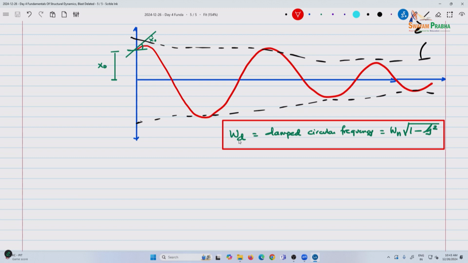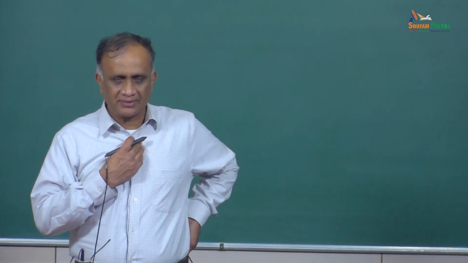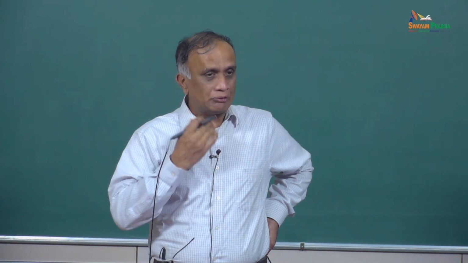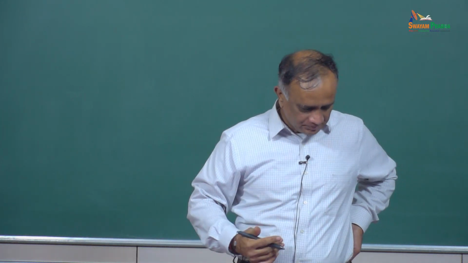And for most cases, omega d is approximately equal to omega n for most situations. Even if you take xi of 0.2, 0.2 squared is 0.04, square root of 0.96, it's almost the same, so 20% is a very high damping. That is also to be kept in mind.